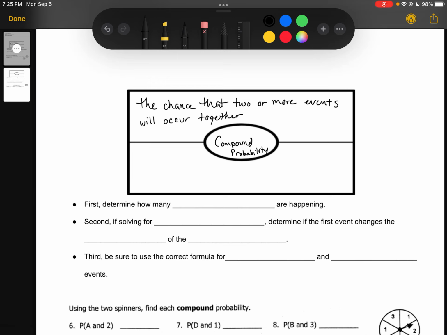So the idea here is that, let's say you're rolling two dice. Something that would be a compound probability would be like, what is the probability that both dice add up to 10 or more?